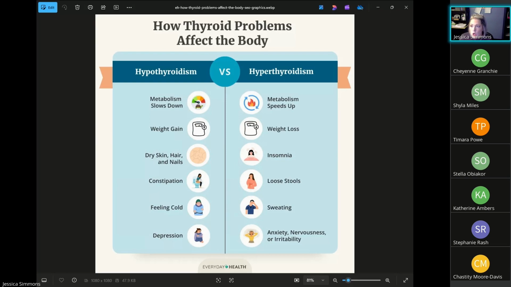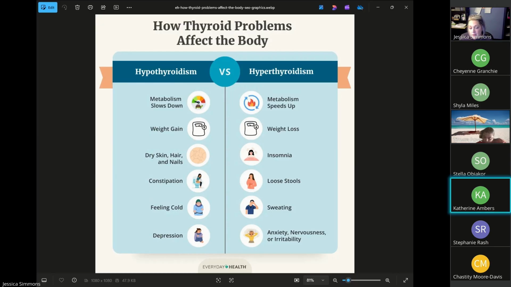Okay. So when a patient has hypothyroidism and they take levothyroxine, and all of a sudden they are taking too much and their levels are too high, what is going to happen? Hyperthyroidism. They are going to have symptoms of hyperthyroidism. So this patient is going to be anxious. We can't sleep. We're losing weight like crazy, sweating.